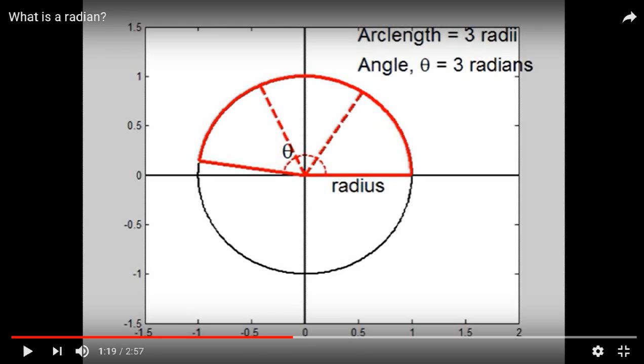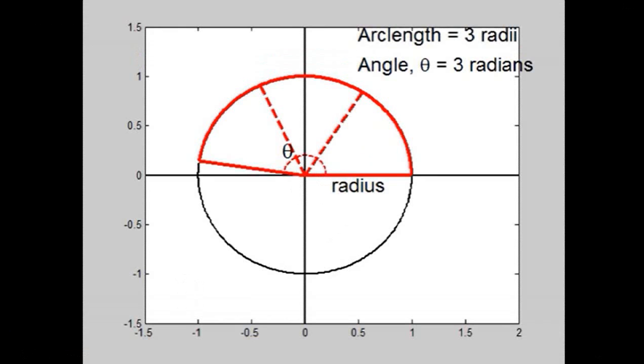Why? Because from here to here is how far? Pi. Right? The whole thing is 2 pi. So halfway around is pi. So 1, 2, this is 3 radians. When we get to here is 3.14 radians, which is pi. Whole thing is 2 pi. I'm going to fast forward now.